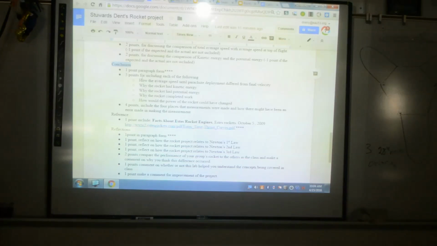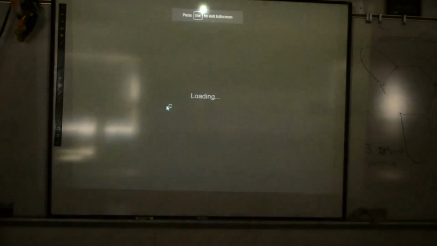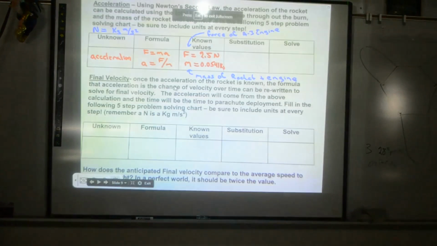So let's start in our paragraph with the average speed until parachute deployment and then the final velocity. We'll go back to our calculations, and all of these things should be based on your calculations.